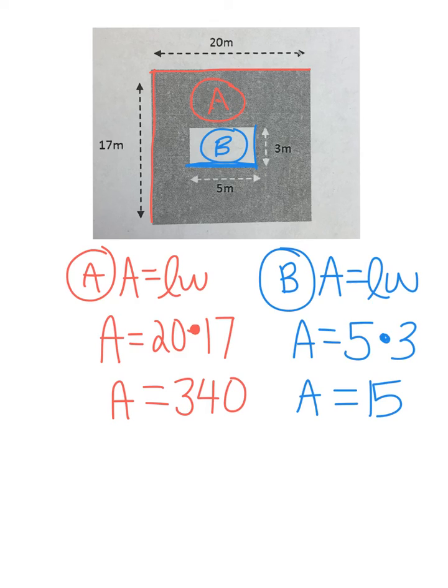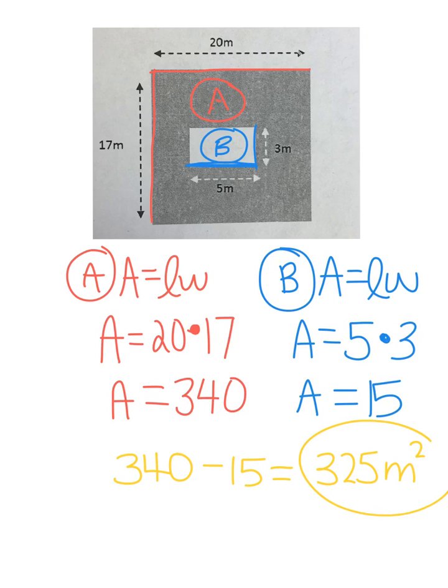Now that we have our two areas, we can do our subtractions. So we need to take 340 and subtract 15, our unshaded region, so that we get 325 meters squared is my shaded region. And that's my final answer.